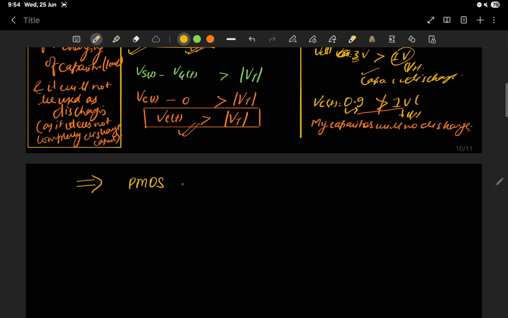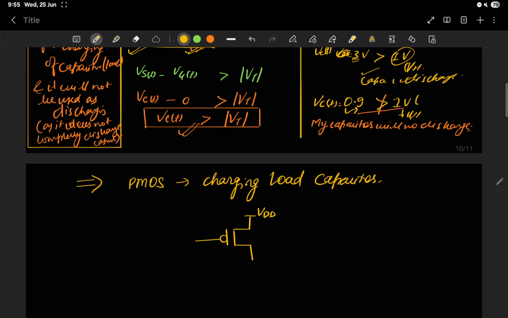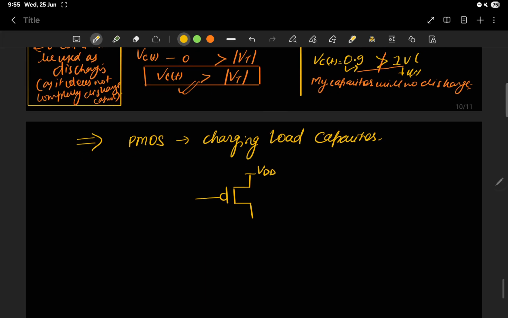Now you will find it interesting to know what we are going to use. We are going to use PMOS for charging the load capacitor. So if I am making a circuit like this, I wanted to charge the load capacitor.